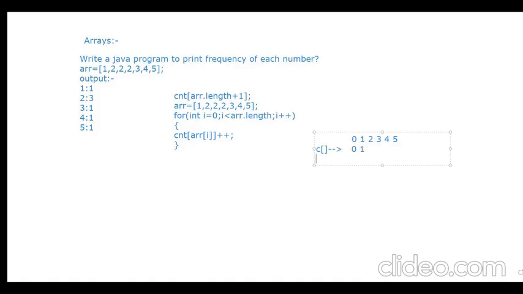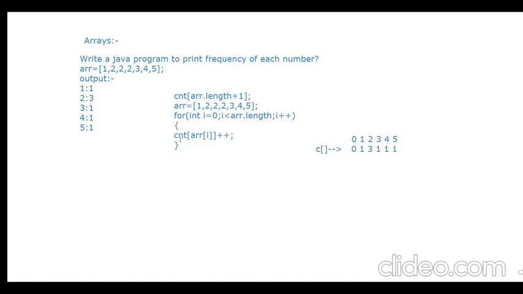Here we are having 3 values for 2, so we are storing the count in the second index. 3 is having the count as 1, 4 is having the count as 1, and 5 is also having the count 1. Here in this count array, we are getting the frequencies of those elements.